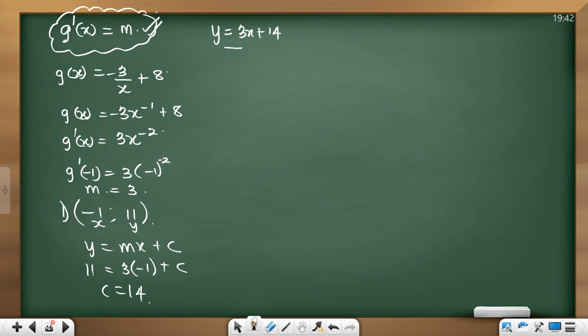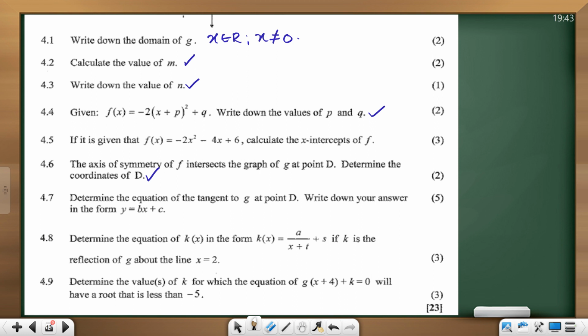First derivative equals gradient. Are we okay? We know the x and the y value, so we get our equation. Guys, did it make sense though? Let's go for the next one.